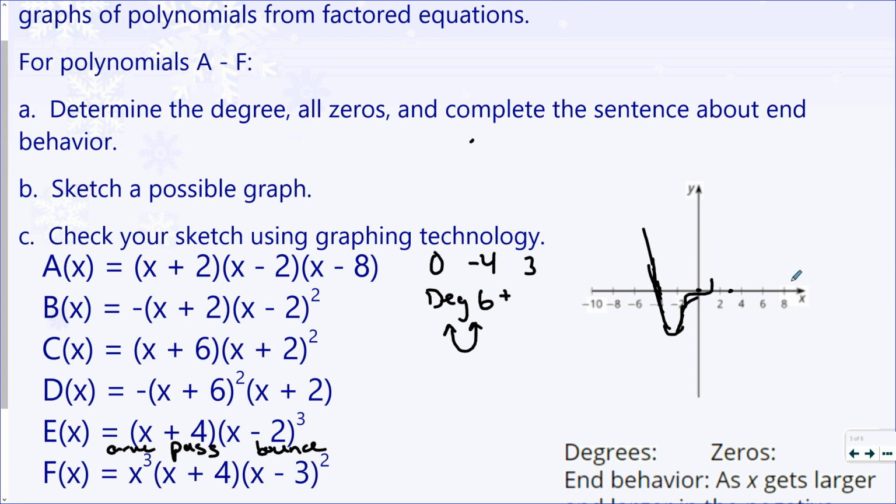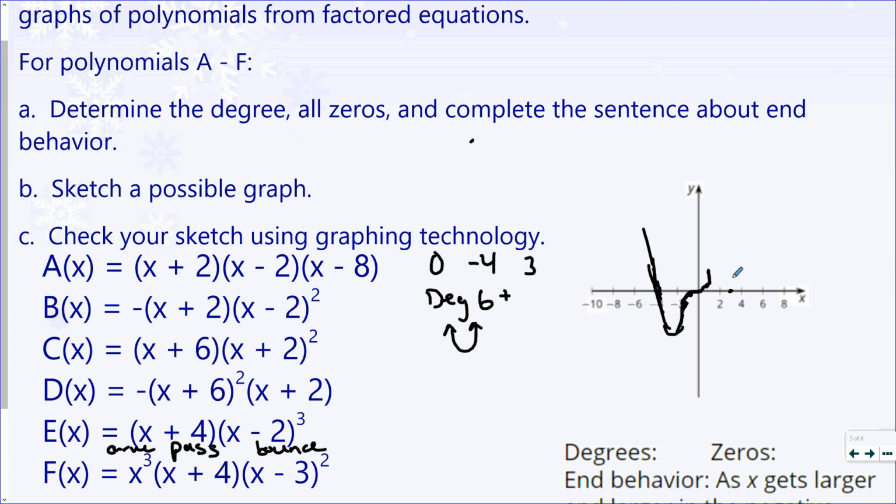I know this one is a little tricky to do because my pen only has so much. There we go, kind of like that. So it's going to do this S curve through that. Now, here's the next thing. It's got to bounce off of the x-intercept of 3.